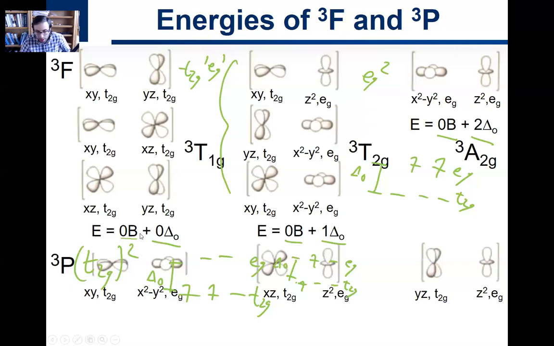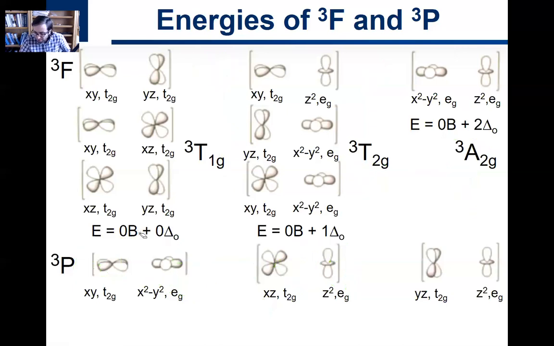Now, let me clear all this writing that I did and go back to now the triplet P. Triplet P, this is a very key slide here. We have 3 sets of orbitals here. These share planes, right? And because these share planes, we said they're excited state.